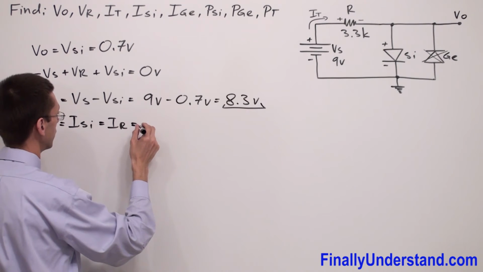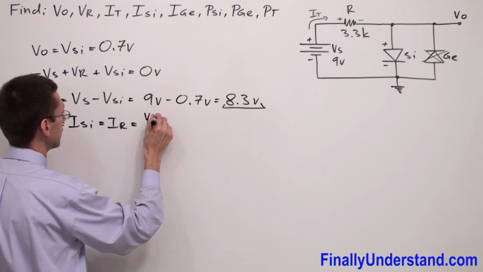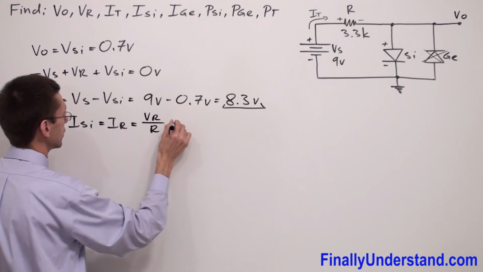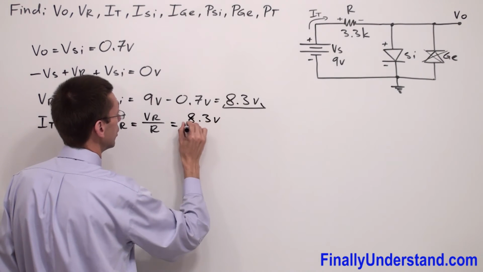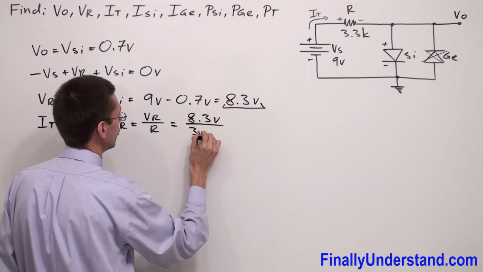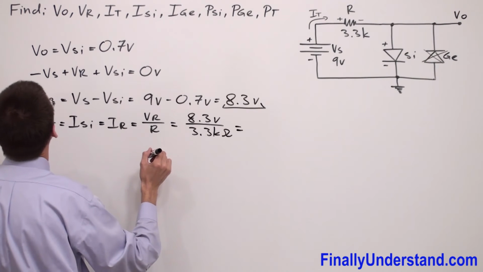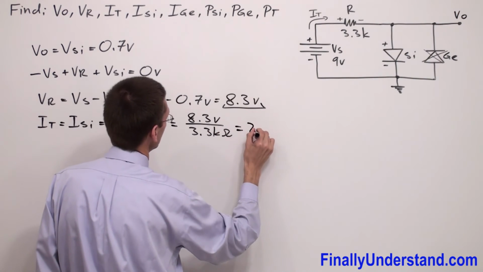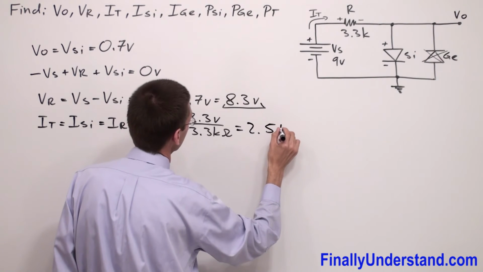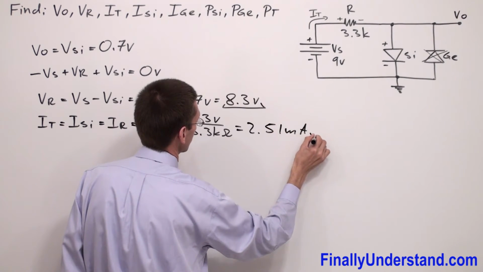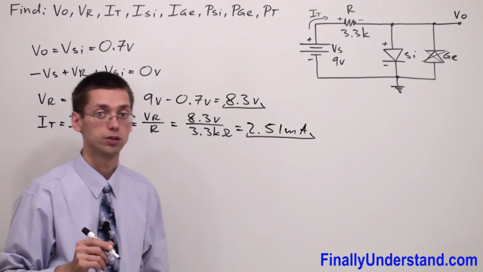So I have IR is equal to VR over the resistance, where VR is equal to 8.3 volts over the resistance 3.3 kilohms. Everything is equal to 2.51 milliamps. Okay, so this is the current in my circuit.